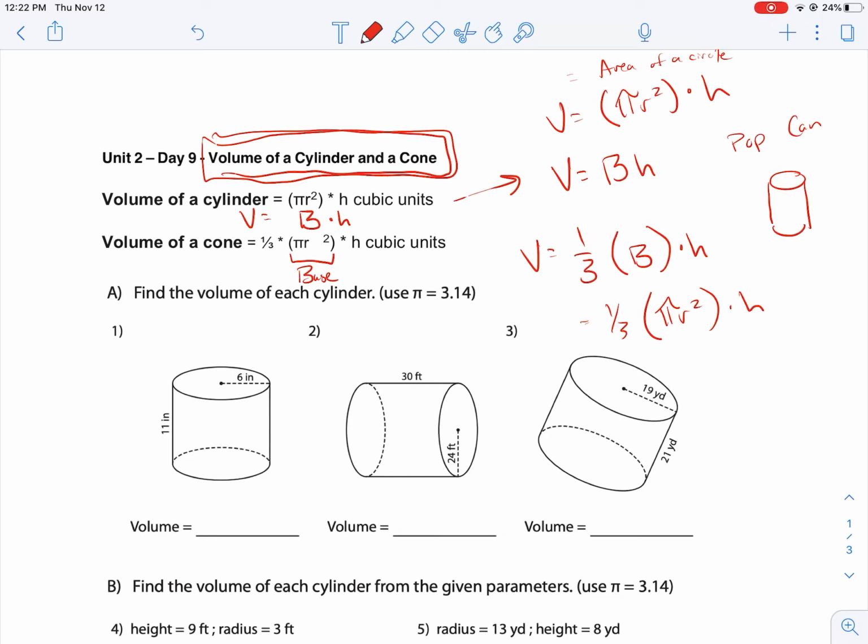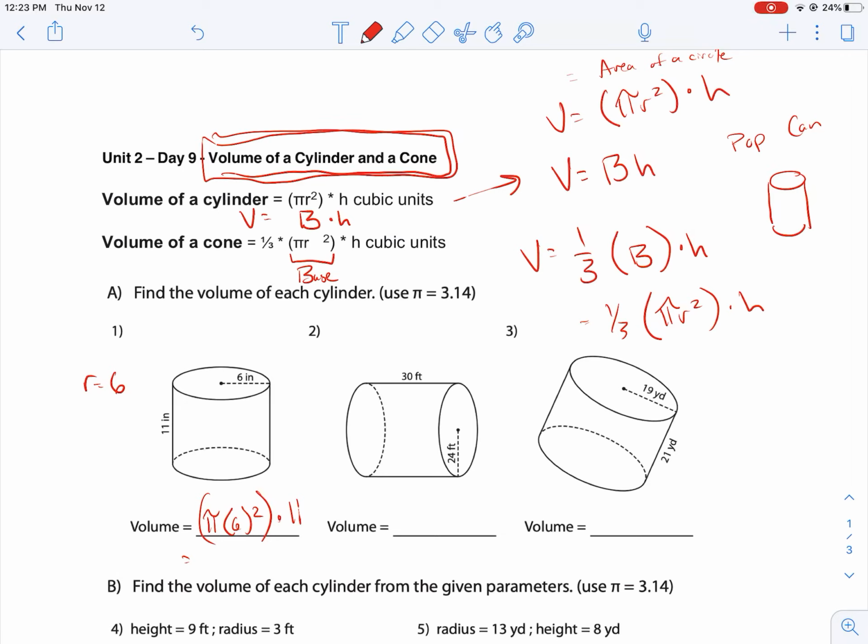So let's take a look down here. Take a look at number 1. It's asking for the volume of a cylinder. Our radius is 6. To find the volume, it's big B, the area of that base, pi 6 squared, times the height, which is 11.